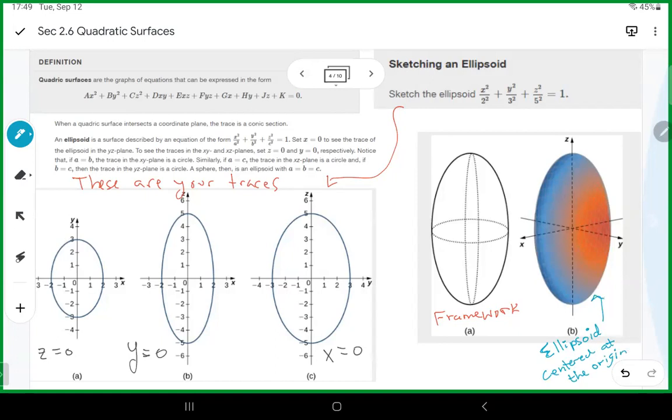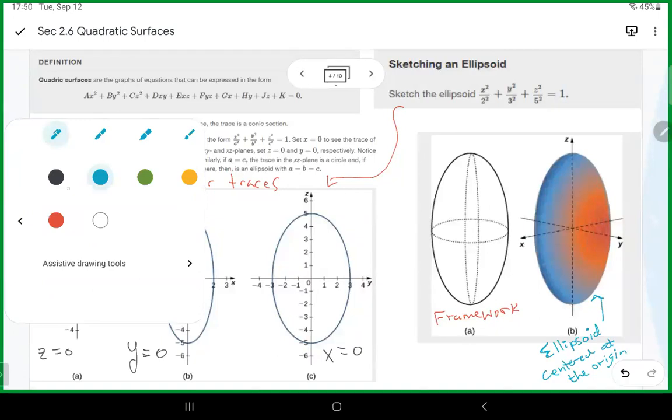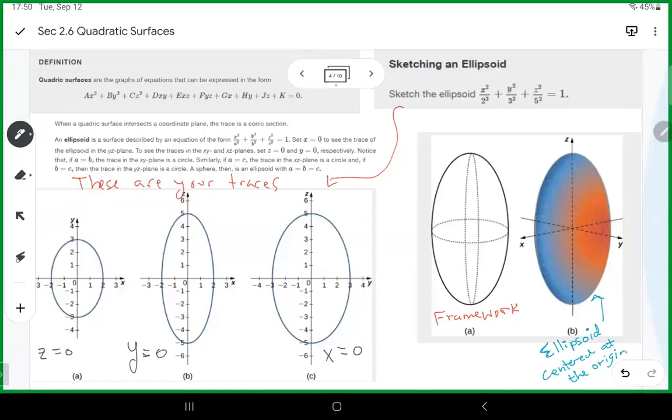So obviously you would want to give all of that in your answer. You can't really get to the framework until you do the other three, so you have to do your traces. And you can see here, this part would be A, this part would be B, and this outside part would be C. So those are your three traces.